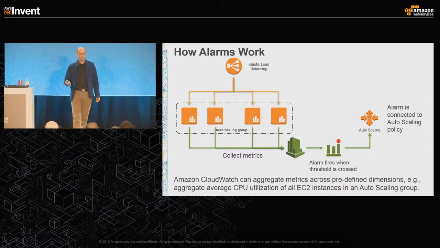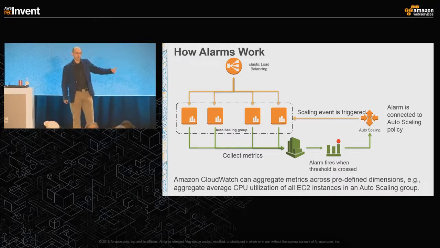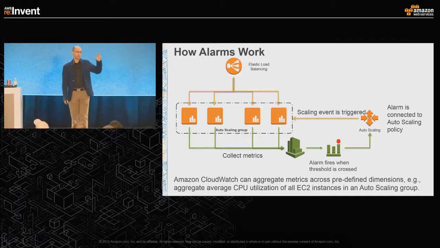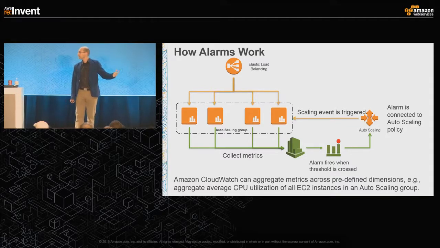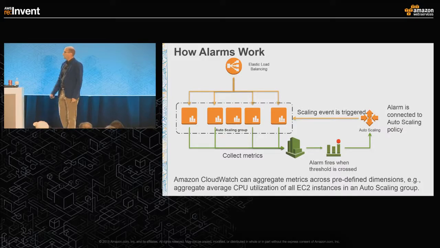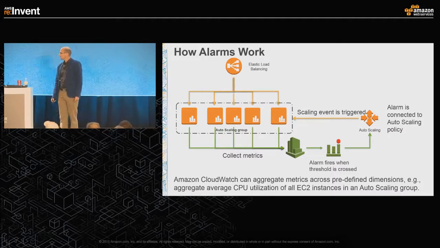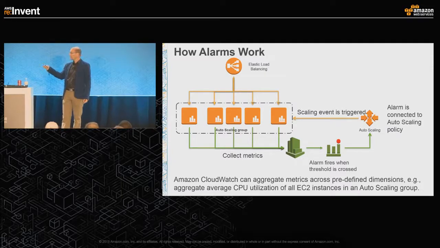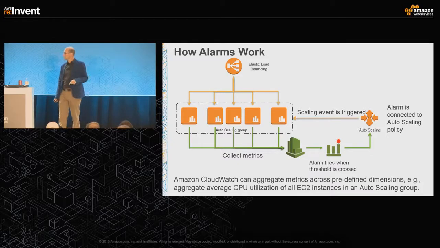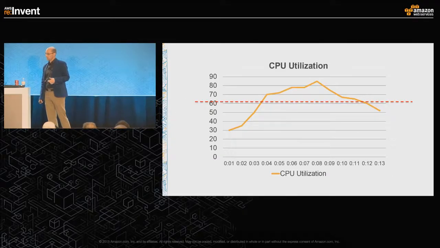And when the scaling policy fires, it triggers a so-called scaling event, and that's when you tell the autoscaling group, I want to have 10% more instances, or I want to have 2 instances less than I currently have. And when that happens, the new instances are brought online. They're added to the group. So CloudWatch starts collecting metrics for those instances as well. So at this point, you should see a drop in the CPU utilization. And the instance is registered with the load balancer.